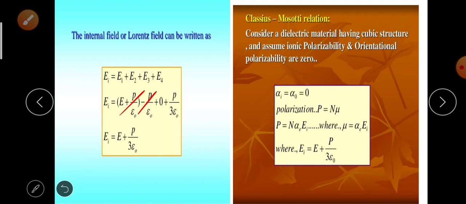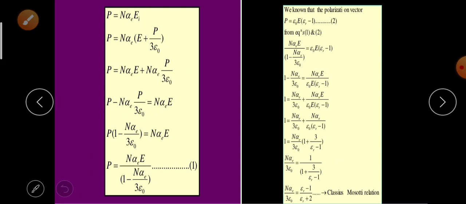Polarization P is equal to n into mu, P = n alpha_e E_i, where mu = alpha_e E_i, and E_i = E + P/3ε0. Therefore P = n alpha_e (E + P/3ε0). P = n alpha_e E + n alpha_e P/3ε0.